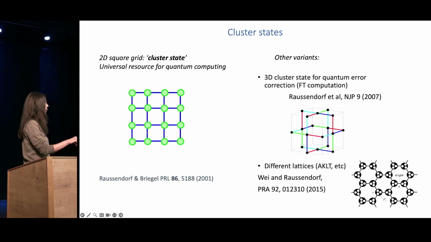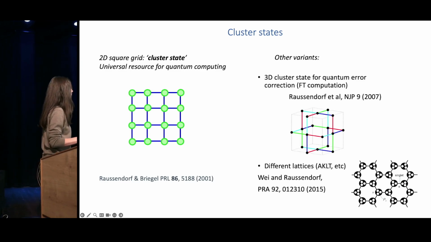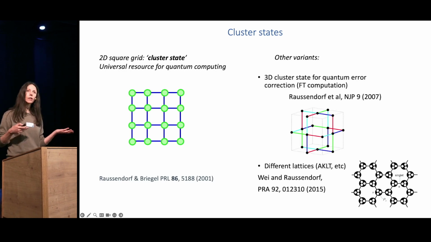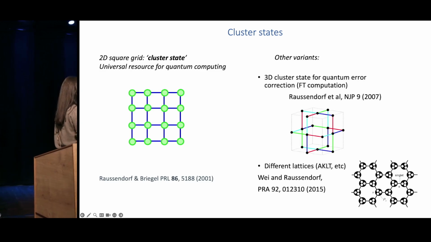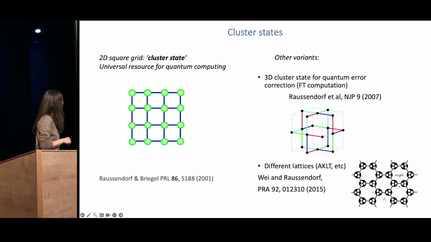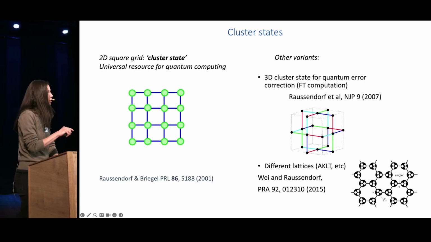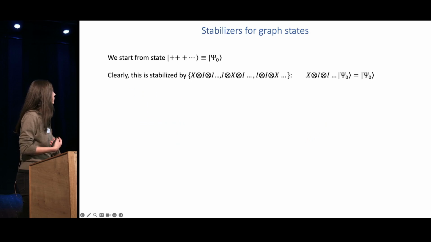For example, this is called the AKLT state. It's known from condensed matter physics. But the point here is that it's not only the 2D square lattice that's useful for quantum computing. Measurement-based quantum computing, this is just the most well-known. Okay, so again, this is my convention. I'm not sure who agrees with that, but for me, the term cluster state refers to lattices.